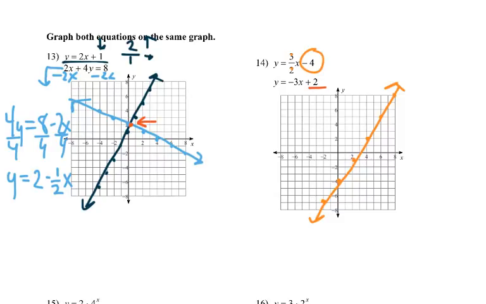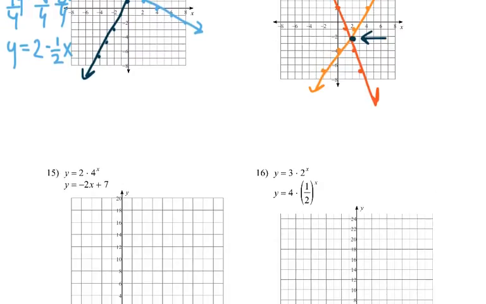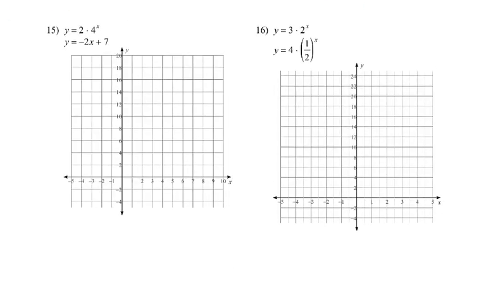Okay, then I've got a plus 2 to start off here, and then a negative 3, so I think of it like negative 3 over 1, so down 3 to the right 1, and up 3 to the left 1. Then we draw that equation. Okay, look at this and say it looks like it intersects right there. Do I know exactly where that is? No. But if I really wanted to, I would just graph this on some technology to help do the hard work for me.